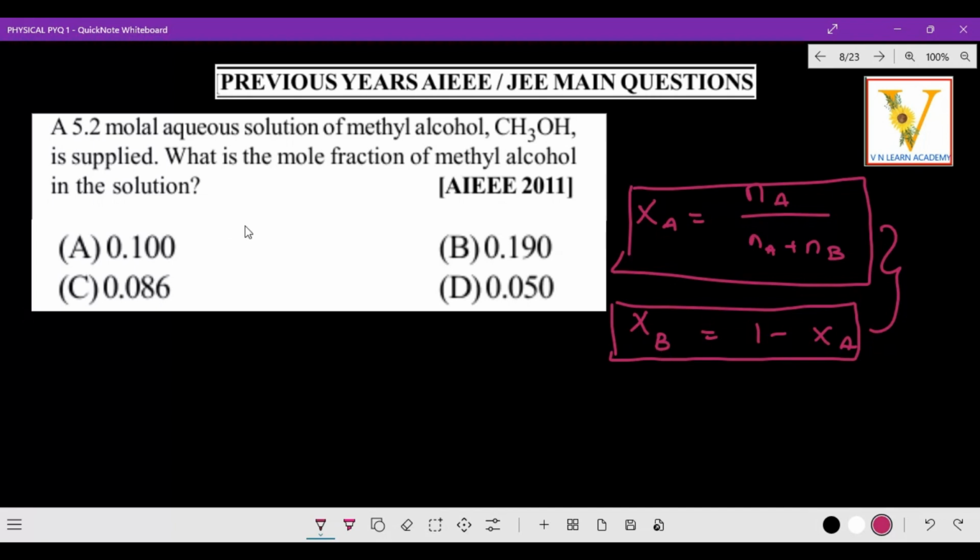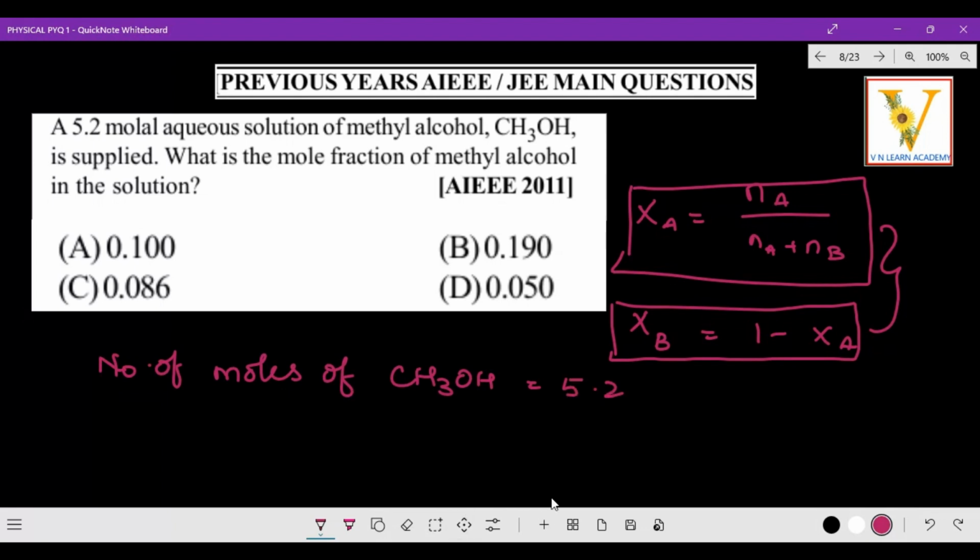Now for this, how to identify? Come on, let us find the answer. The number of moles of methyl alcohol: they mention a molar aqueous solution of methyl alcohol, no? So here the number of moles of methyl alcohol, CH3OH, is actually 5.2, right?